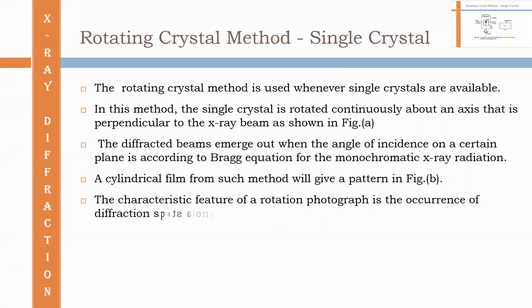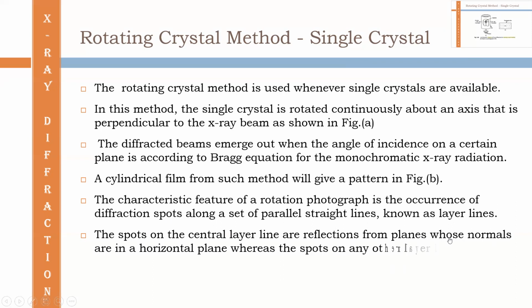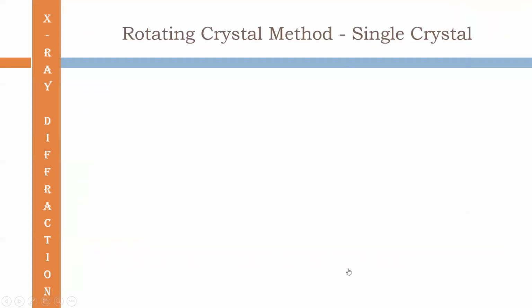The characteristic feature of the rotation photograph is the occurrence of diffraction spots along a set of parallel straight lines known as layer lines. The spots on the center line are reflections from the planes whose normals are in a horizontal plane, whereas the spots on any other layer line are from the planes that have the same intercept on the axis of rotation.